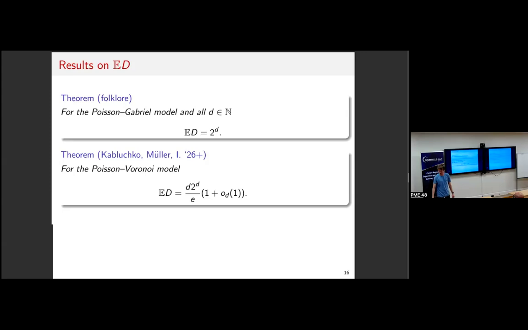This is exactly 1 divided by the critical probability for large dimensions. If you combine those two slides, you get that the critical probability times the expected typical degree will converge to 1 as d goes to infinity. Exactly what one would expect in a tree if the connections occur independently of one another.